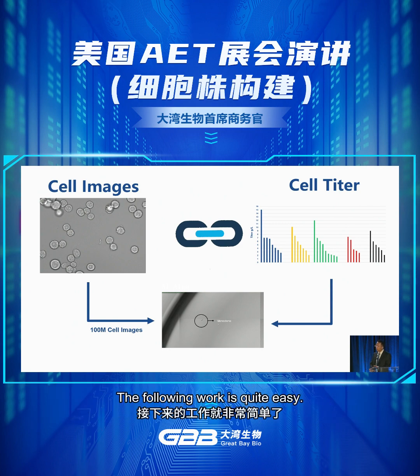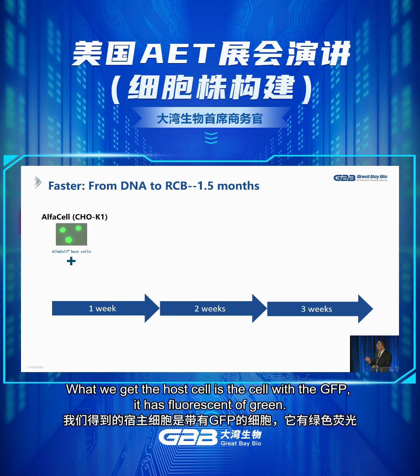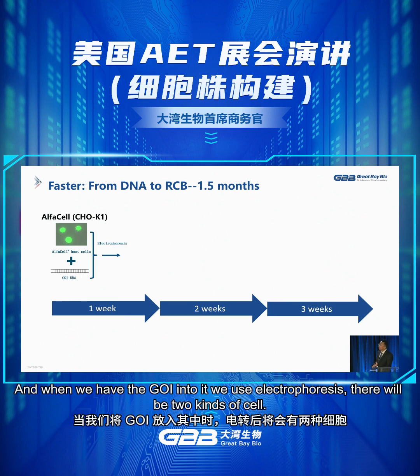So the following work is quite easy. How can we do the RCB in 1.5 months? What we get as a host cell is the cell with the GFP, which has green fluorescence. When we introduce the GOI into it using electroporation, there will be two kinds of cells.